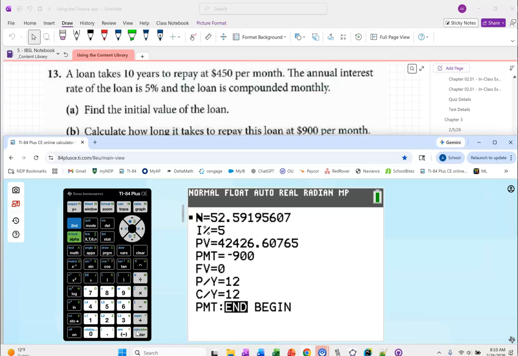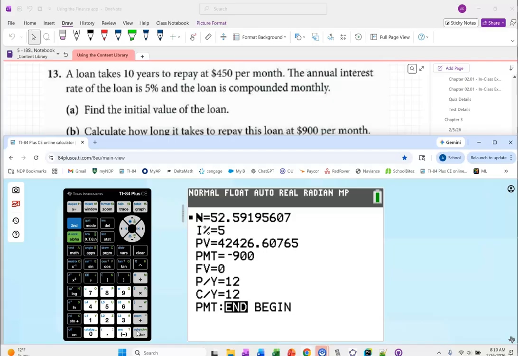So we'd answer, what would I write as my answer then? 53 months. Months, really, because the compounds are happening per month. Now, why did you round that up?